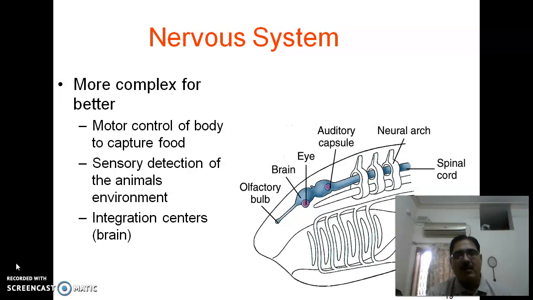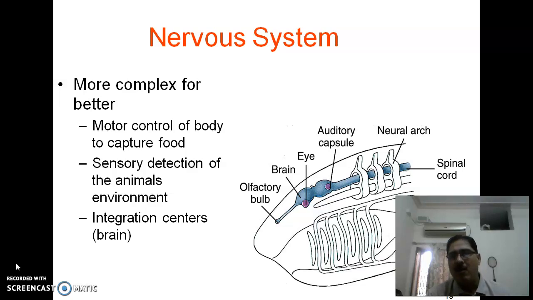When we look at the nervous system of the chordate, it is more complex and better than the nervous system of the non-chordate. They have a motor control of body to capture the food. They have sensory detection of the animal environment, and they have integration center in the form of better developed brain. The brain has anteriormost olfactory bulb.